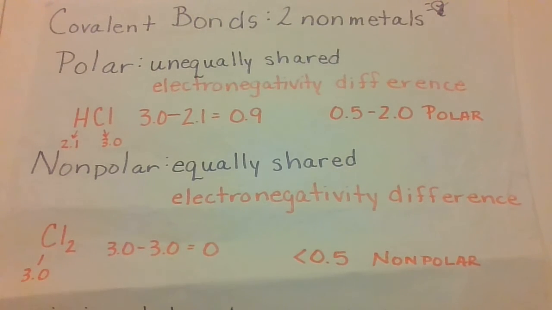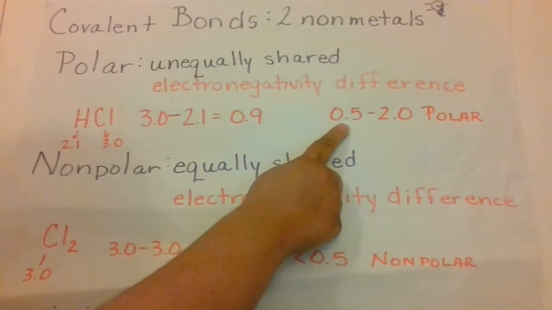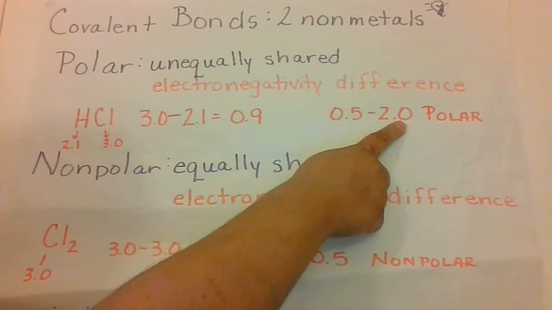So the first type of covalent bond we're going to reference is going to be a polar covalent bond, which is an unequally shared electron bond. Okay, and for compounds that are polar covalent compounds, their electronegativity difference would be between 0.5 and 2.0.